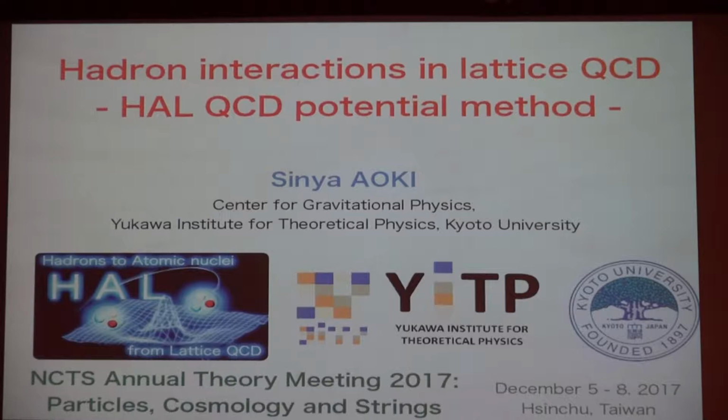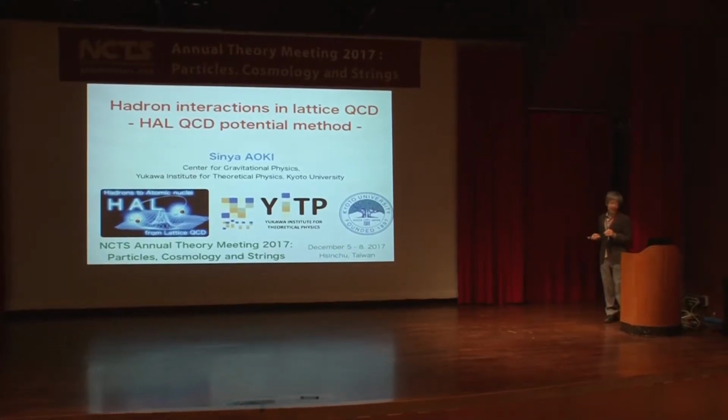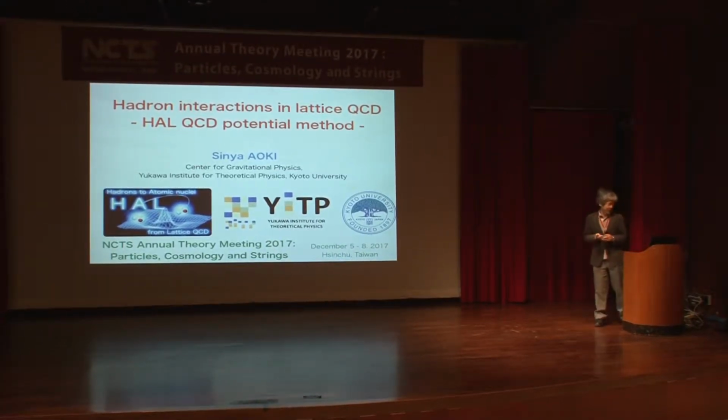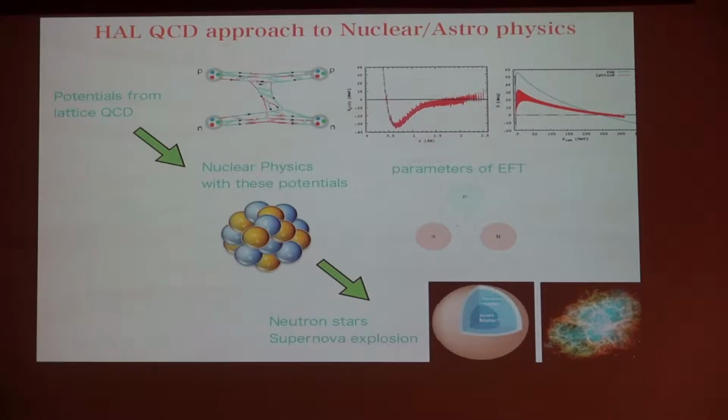I'll talk about some lattice QCD approach to the hadron interaction. In particular, our approach, which we call HAL QCD, is the name of our collaboration, applied to nuclear physics.